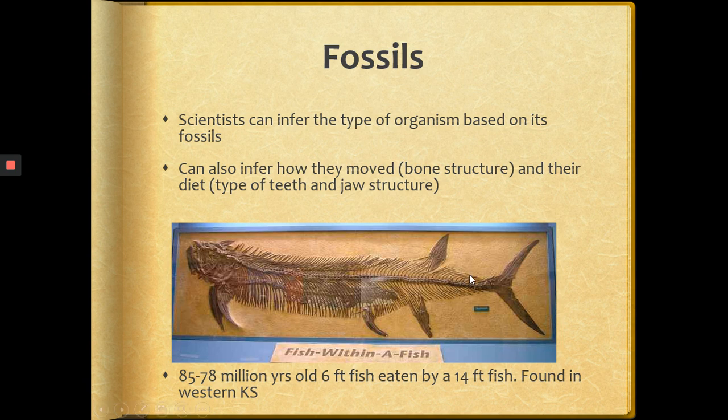What would a fish this size be doing out in the middle of a field in western Kansas? And typically we associate organisms this large living in the ocean, not in the middle of a soybean field in western Kansas. So think about that. We're going to have an activity that deals with similar scenarios tomorrow.